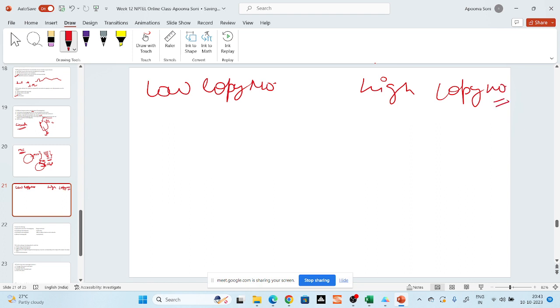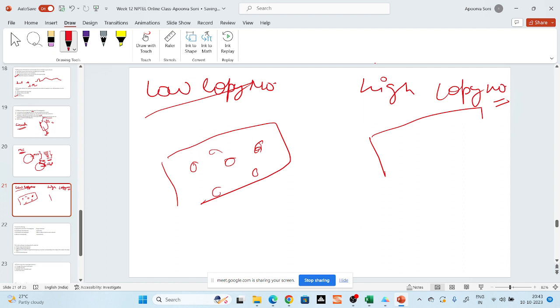Low copy number means that when it goes inside the host, it will not produce many copies, like 5 or 6 copies. But high copy vector means that when it goes inside the host, it is going to replicate more. It will produce say 200 or 300 or 500 copies depending upon the vector.